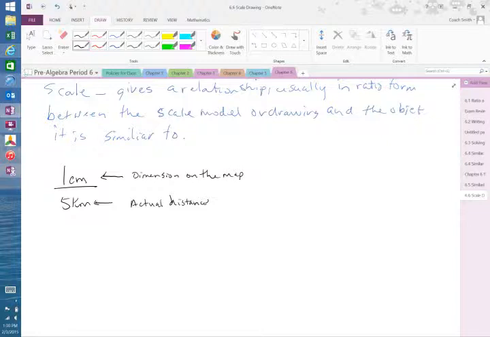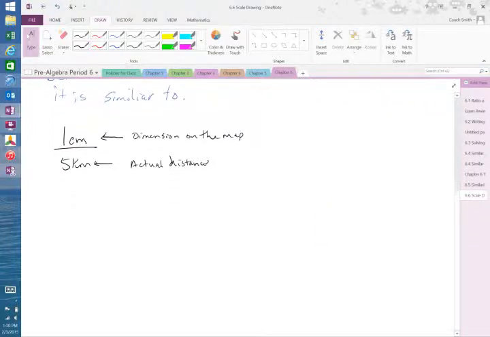Now what they want you to do is figure out, let's say that something is 6 centimeters on the map. They want to know what it is in real life. So you set it up with the scale 1 over 5.